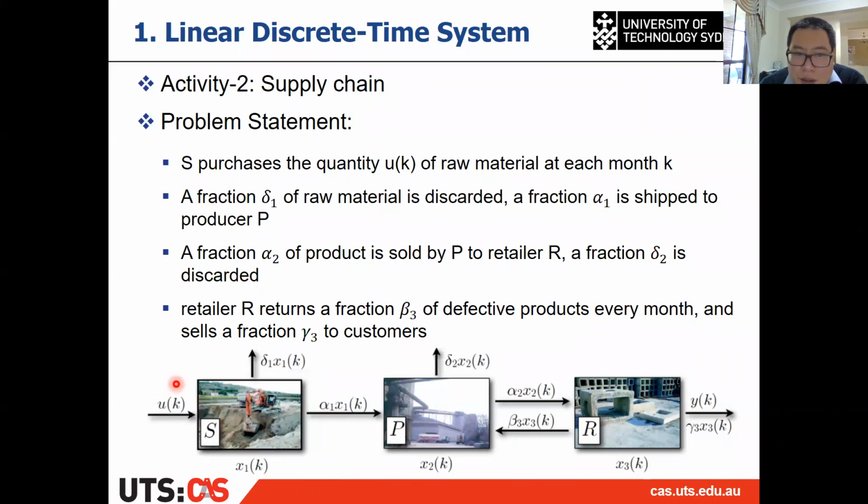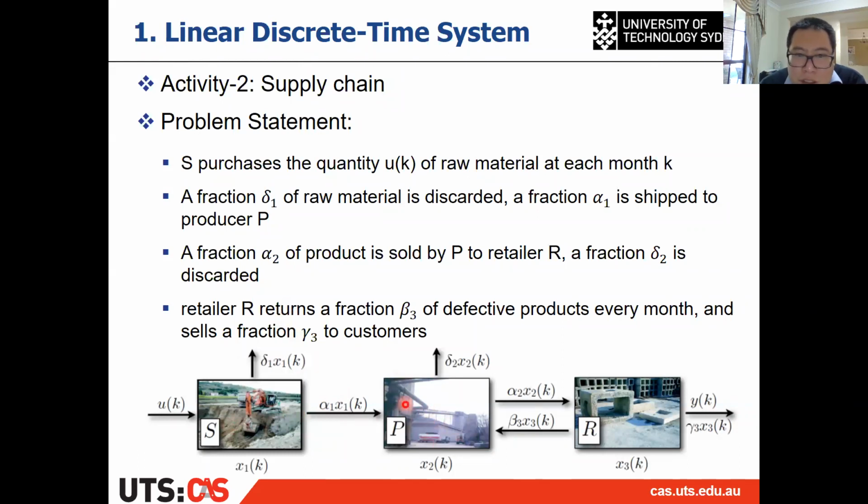And after it purchased the uk for each month, a fraction delta 1 of the raw material is discarded, which means it's thrown away. Then another percentage alpha 1 is shipped to the producer P. This is for each of the months, all right?